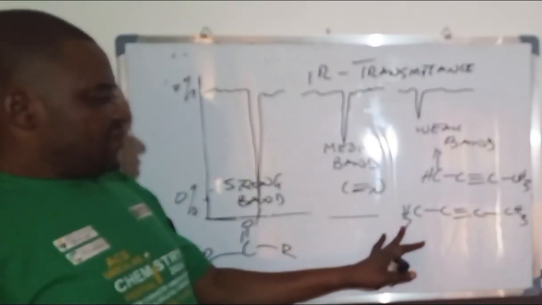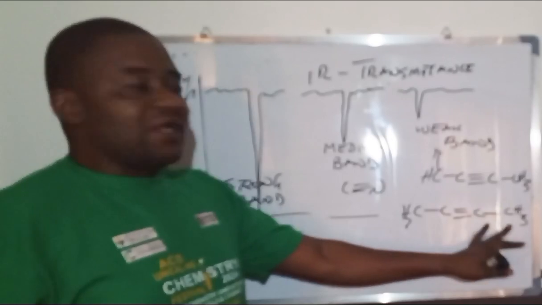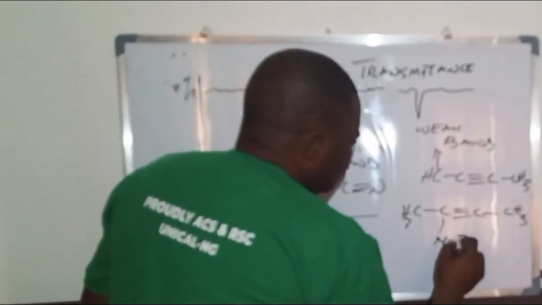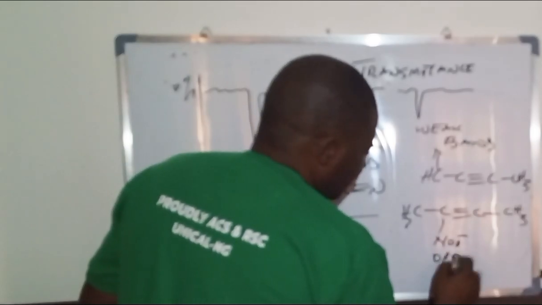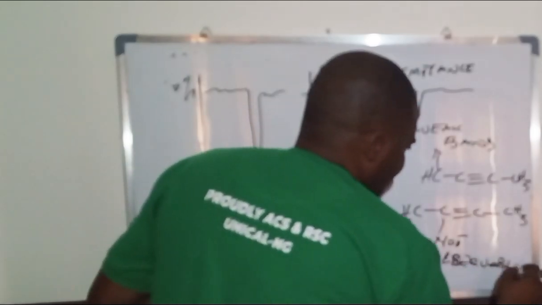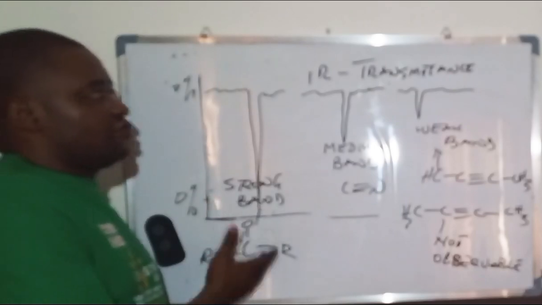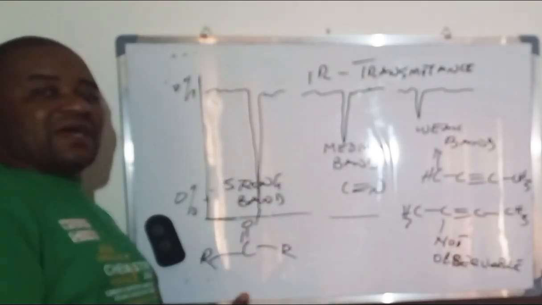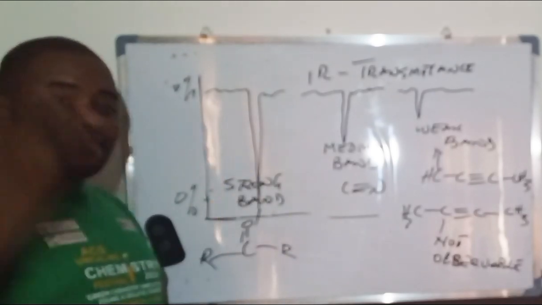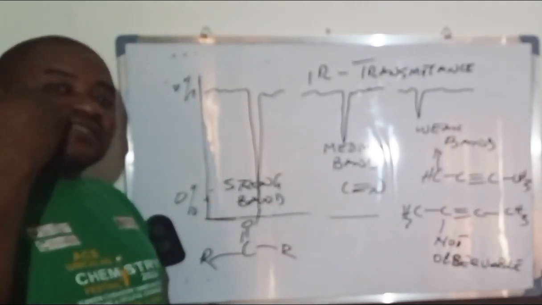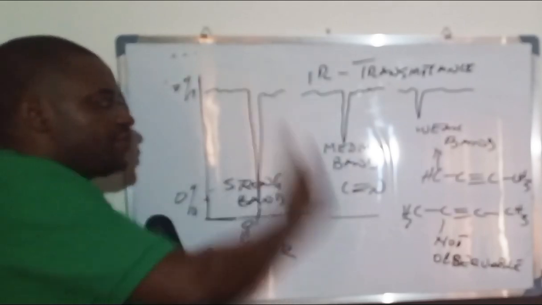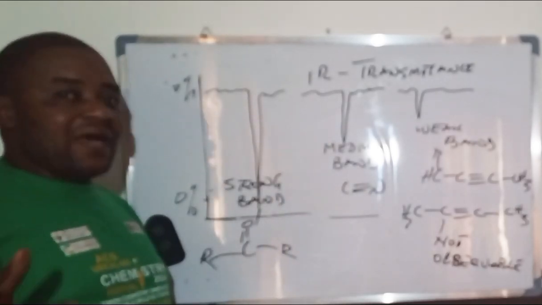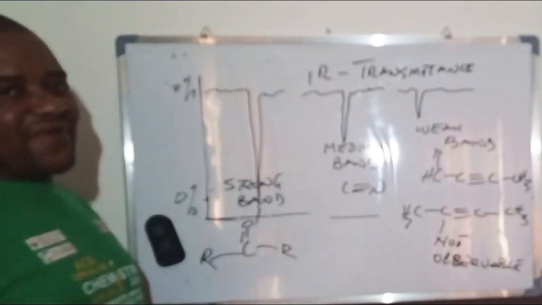So with a methyl group, C triple bond C, compounds like this will always produce bands that are not observable. But the important thing in my explanation here of these different types of bands or peaks you can get from IR is that the intensity of any band or peak, that is strong, medium or weak, depends on the magnitude of the bond, which of course is polar, that is taking part in the reaction.